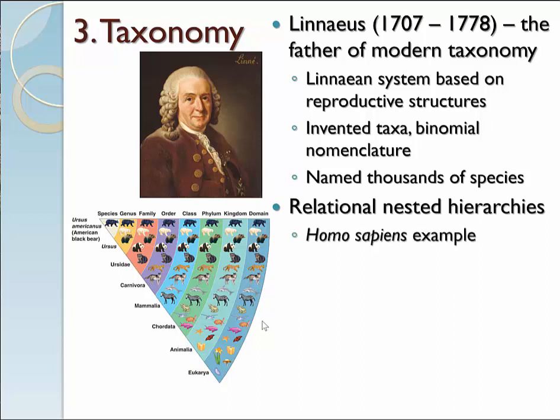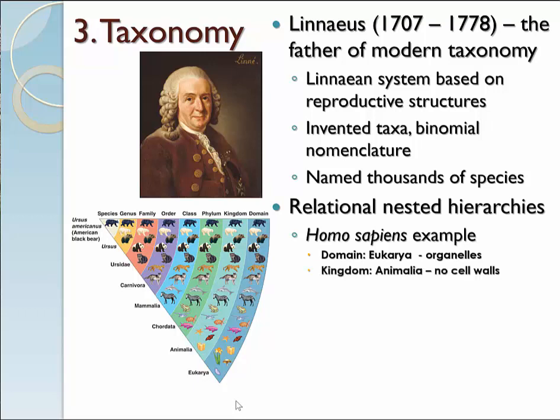And so what I'm going to do is give you an example of Homo sapiens, and this is something that you should commit to memory. And once we go through it, I'll back up and I'll show you how it's not that difficult. So the most inclusive domain is Eukarya, and a characteristic of Eukarya is that all eukaryotes have organelles.